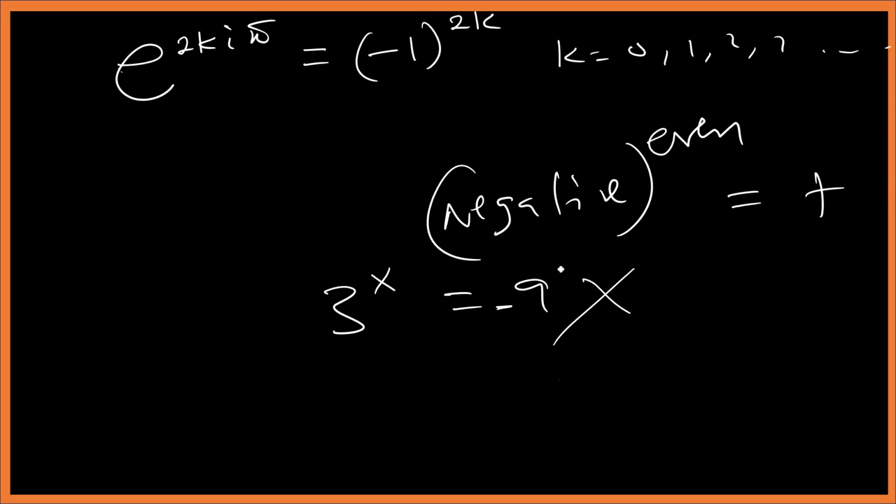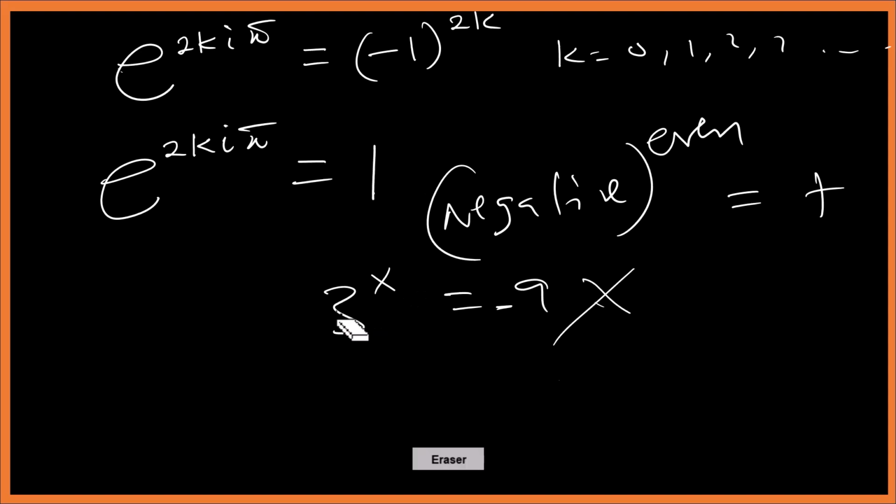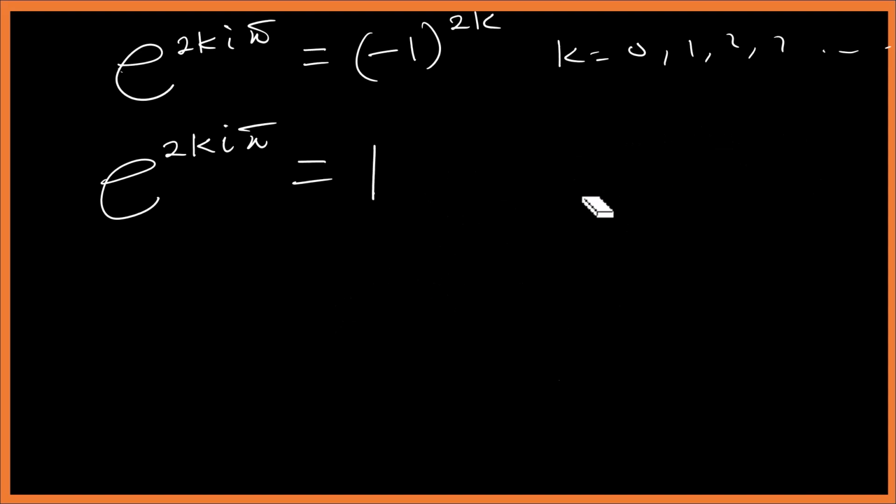Now if I plug in 0 here, this side will be 2 and -1 to the power 2 will be 1, and therefore this side will be e raised to k i pi equals 1. So this side will be 1.